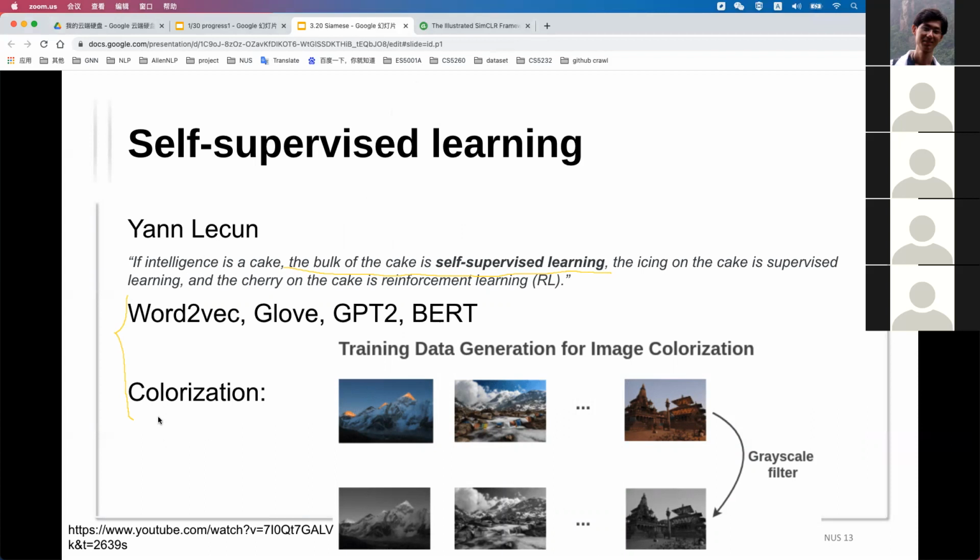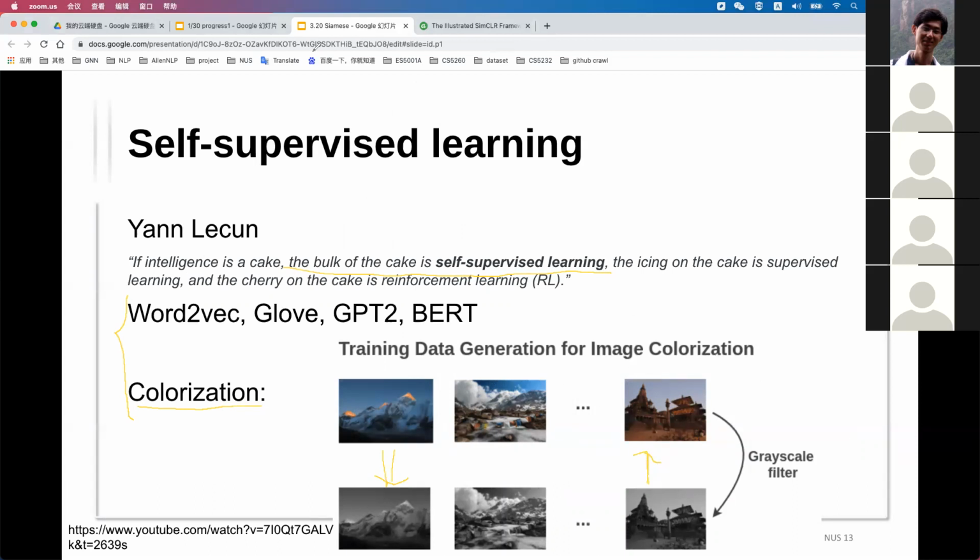And in computer vision, I'm not familiar with this field. Maybe colorization, I just searched that colorization is one of the self-supervised learning methods. Like you want to colorize a picture, so you just take the colored picture, make it gray, and then retrain it.